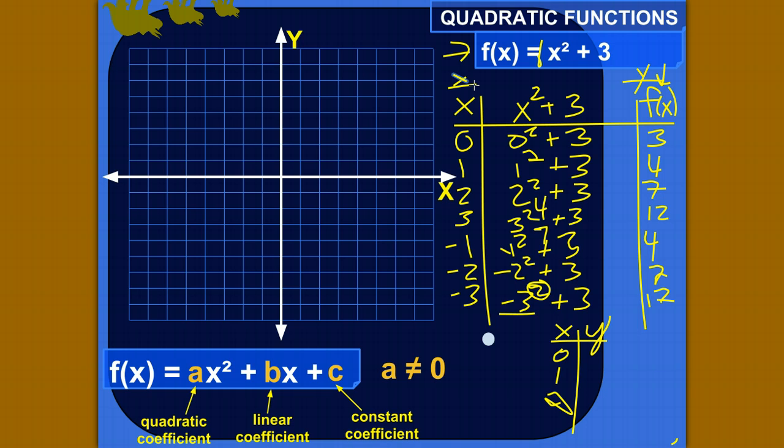You can see that we get up to the number 12. So let's see how many lines we have on our y-axis. 1, 2, 3, 4, 5, 6, 7, 8. That's not going to fit 12 if each one of these represents one unit. So let's say we go by twos, and I'll just write that down.